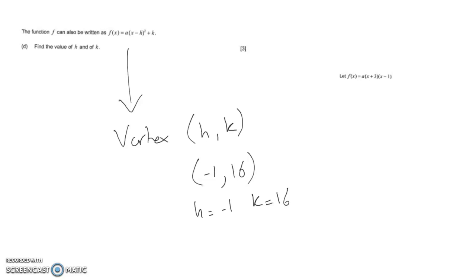Now, if we perhaps didn't have the vertex, or if we'd like a different approach here, one of the things we can do is to work on this algebraically. So we could take our original form and multiply this out, as I think we did earlier. x plus 3, x minus 1.